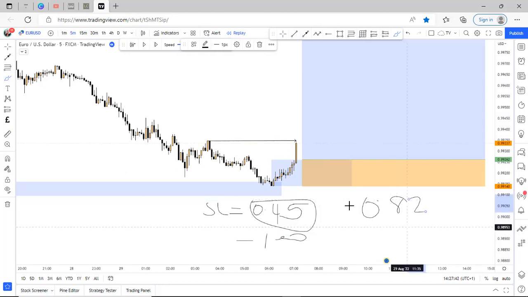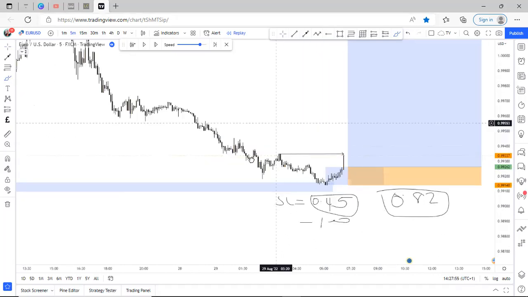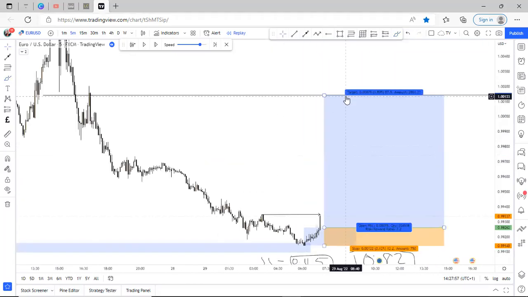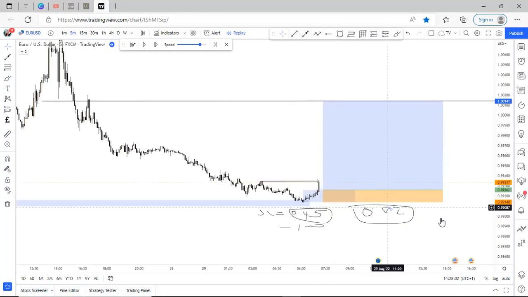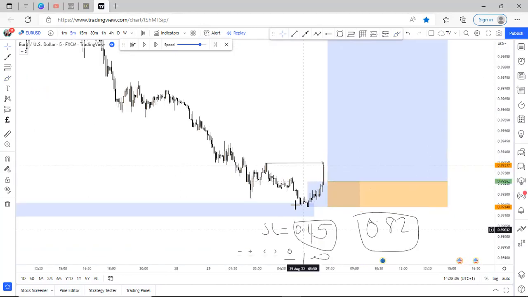So this has increased our profitability if this trade should go through from this entry point right here. Okay, so if this goes through and our take profit is right here, we will make more profit on this particular trade than we would make with the 0.45.